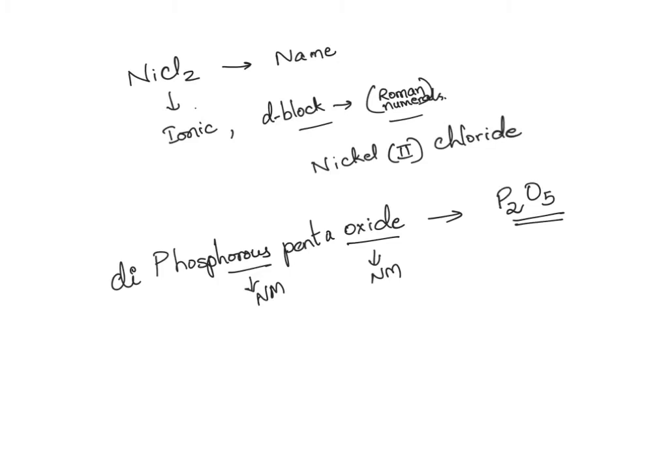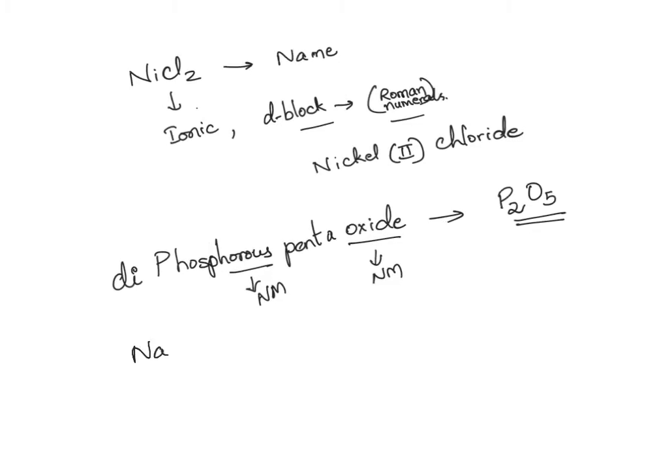What if you were given a compound that is NaClO4? So ClO4, you would have memorized, this is perchlorate. So this is sodium perchlorate. Or you could have it the other way also.